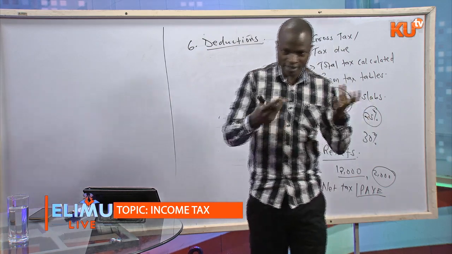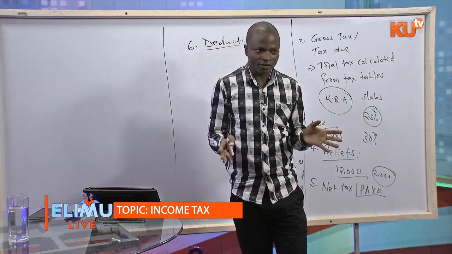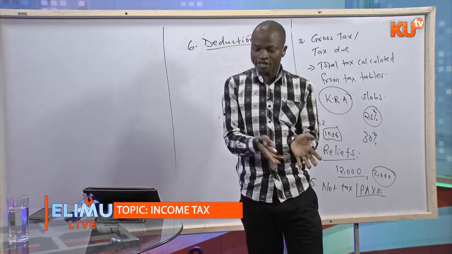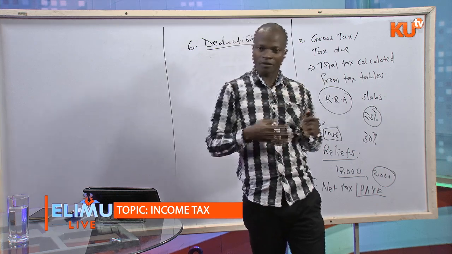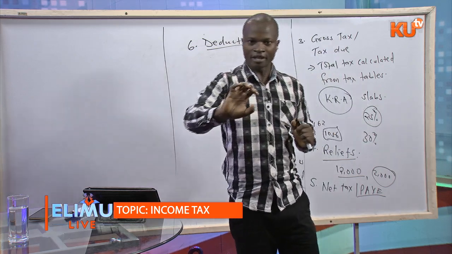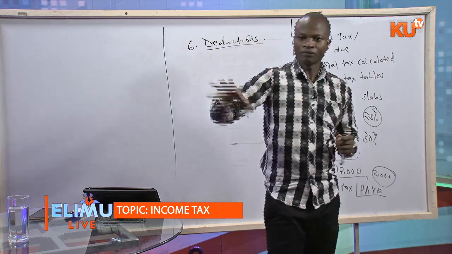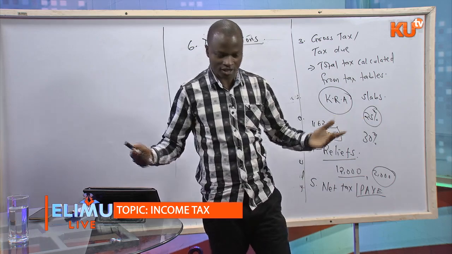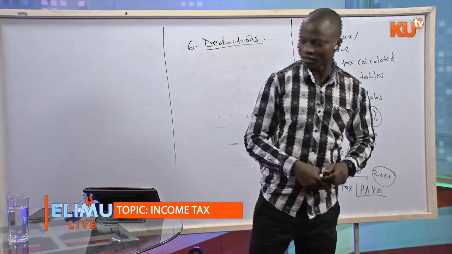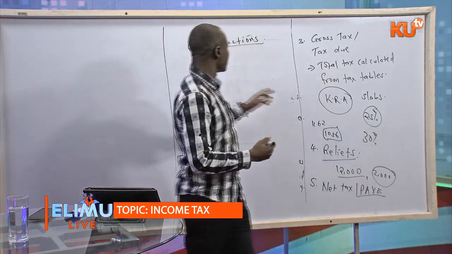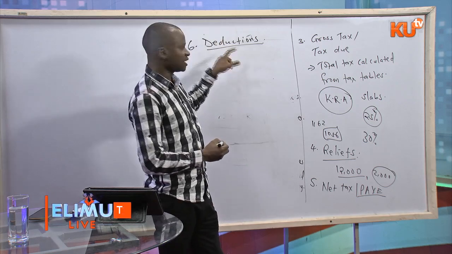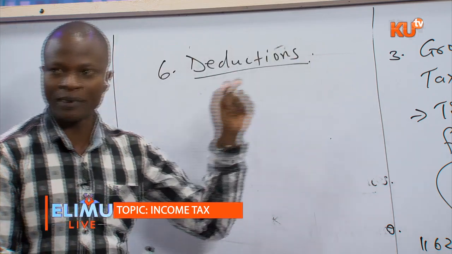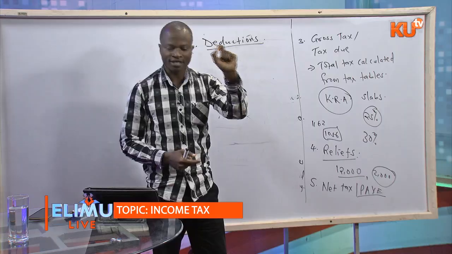Because of budgeting, once the money comes in, something else comes in. So to avoid such cases, you instruct your employer that every month they give 5,000 to so and so company where you acquired, let's say, a set of chairs or a television set. So those are what we are calling deductions. As the name suggests, they are deducted from one's salary, apart from the tax.